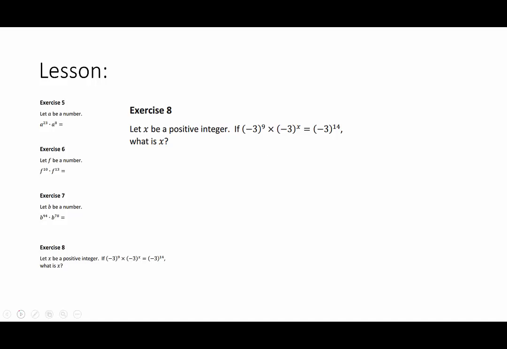Okay, let's look at our last one. It says, let x be a positive integer. So we're going to pretend this is a positive number. If we have negative 3 to the 9th power, we're going to put parentheses around that. And then we know that that's plus some x value, because these two are multiplied together, is going to be equal to negative 3 to the 14th power.